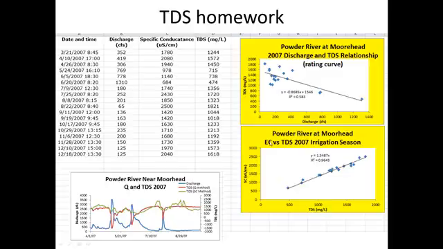We also did load calculations in the TDS homework with 2 approaches, using discharge regression against total dissolved solids, which in this case is an inverse relationship, and a specific conductance relationship with total dissolved solids, because specific conductance was measured daily at the Powder River site.